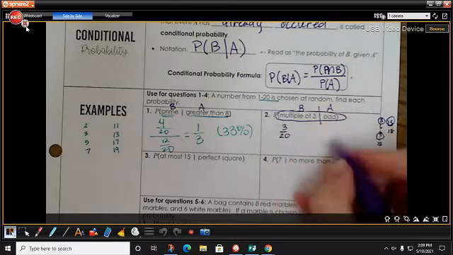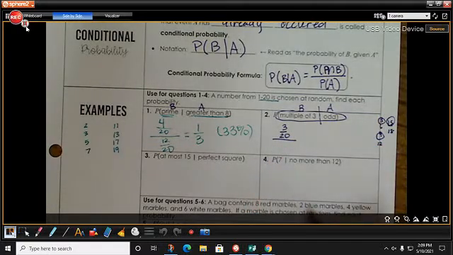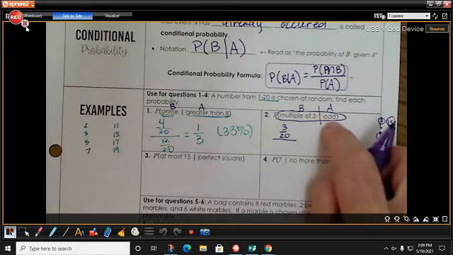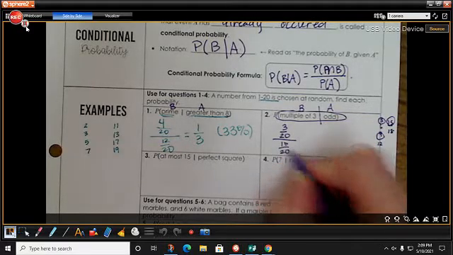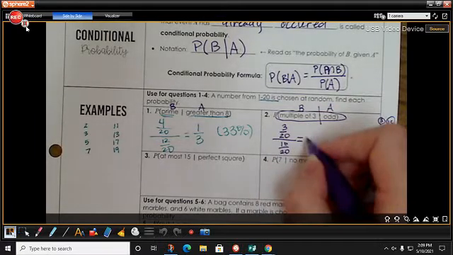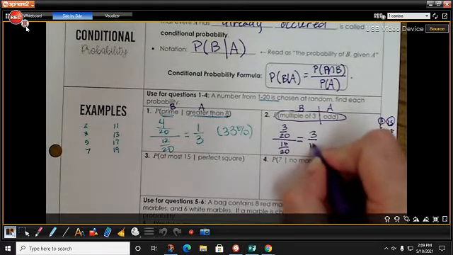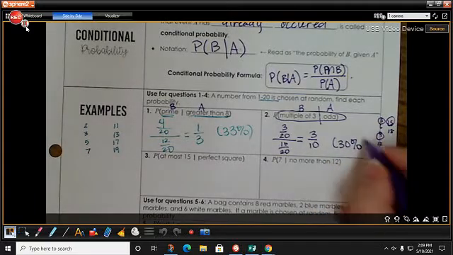So I have 3 out of 20 odd multiples of 3. Then I want to know the chances of that happening given that I have odd numbers. There are 10 odd numbers out of 20. So I'm doing 3 20ths out of 10 20ths, and when I simplify and reduce this, it comes out to be 3 tenths, which is about 30%.